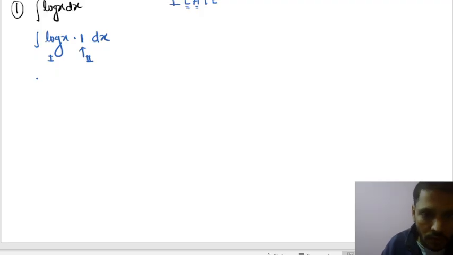According to the formula, the first function will be outside, that means log x will be outside of the integration, and we integrate the second function, that means 1 into dx.